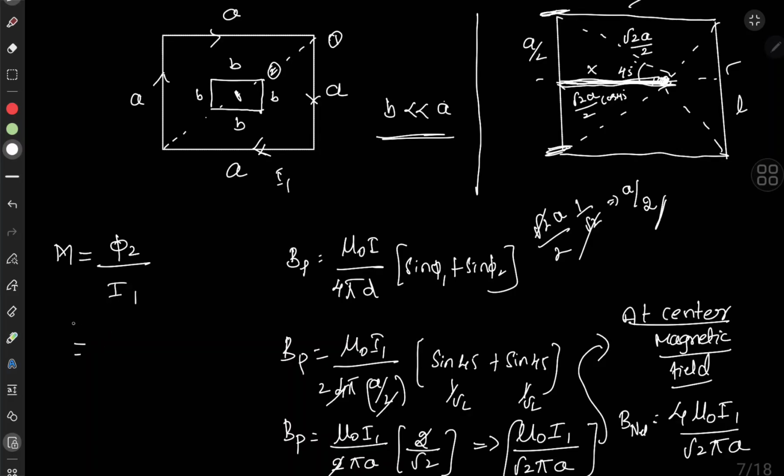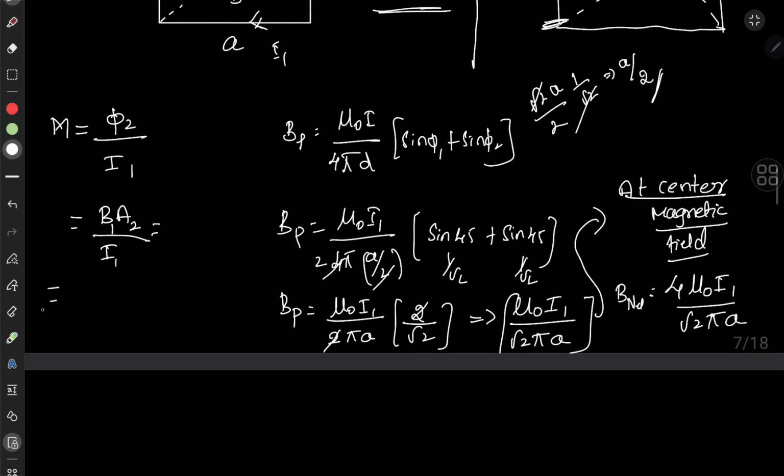Flux linked with the second coil can be written as BA, the magnetic field from the first coil and the area in the second coil, BA divided by I1, the current.